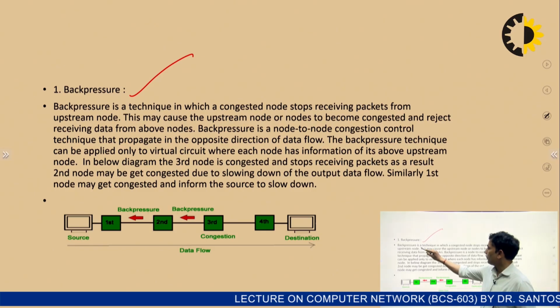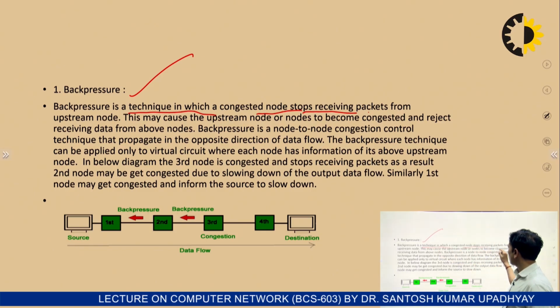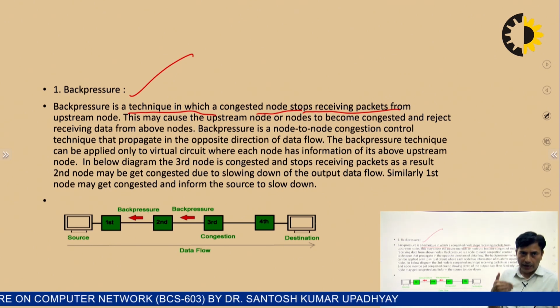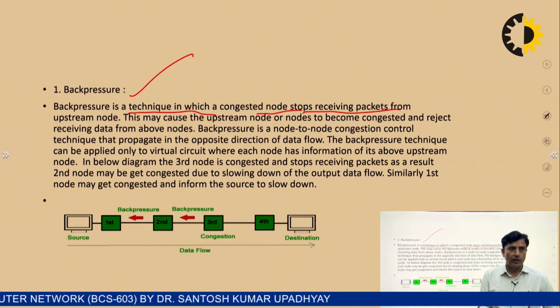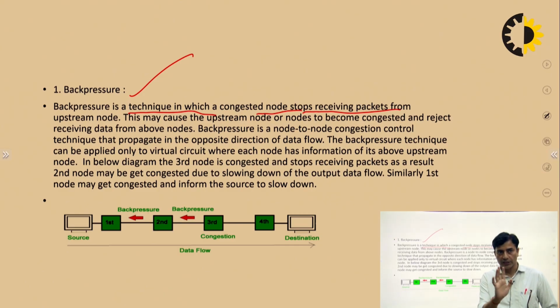It is a technique in which a congested node stops receiving packets from the upstream node. The upstream node is the just-prior node from which packets are coming to a particular node. If that node is congested, it stops receiving the next packets coming from upstream.